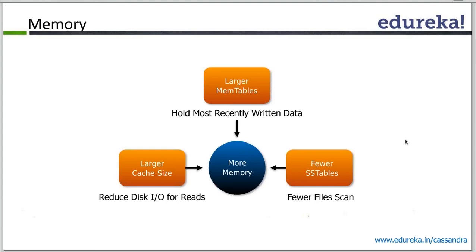So more memory automatically means larger memtables, fewer SSTables, and larger cache sizes, which surely is a good advantage. It depends on how much memory you have at your disposal. In general, it's good for overall performance. So if you have more memory, please go ahead and add more memory. It's as simple as that.